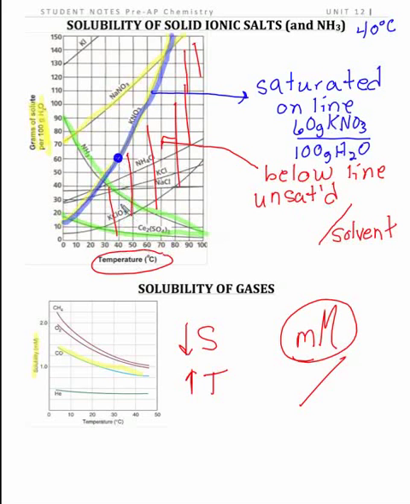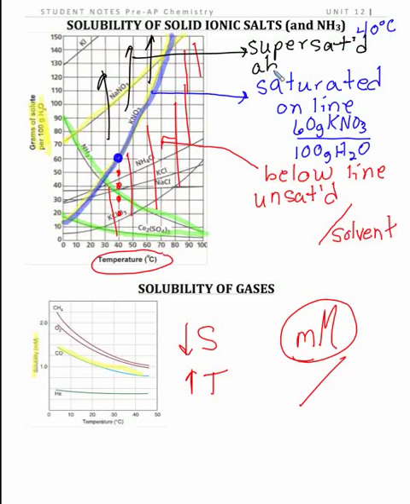So this is defined for each salt, okay? So anything below 60, so 50 is unsaturated, 40 grams is unsaturated, 30 grams, 20 grams, and so forth. Anything below the line is considered to be unsaturated for that salt. Now, everything above the line for a particular salt is considered to be supersaturated.